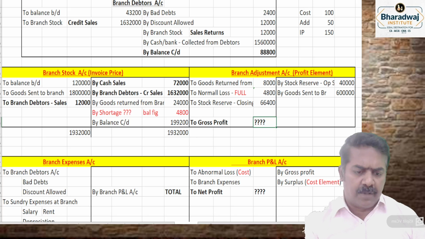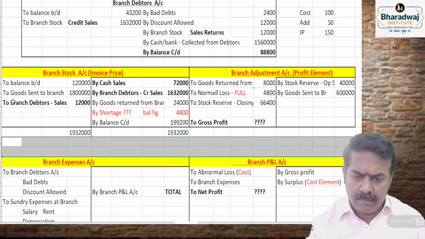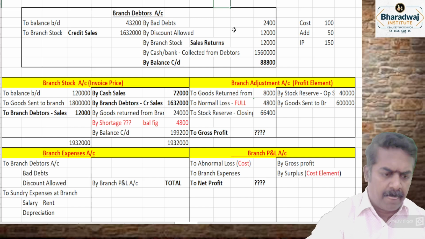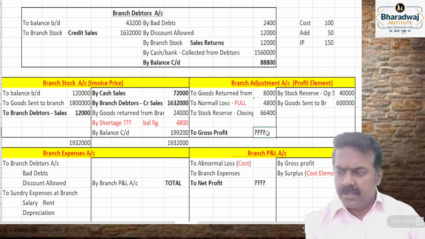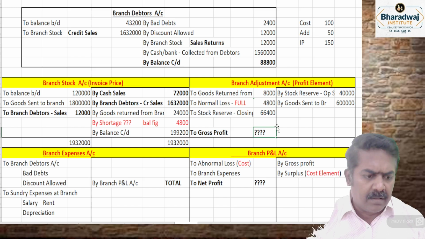Balancing for gross profit. What is the gross profit balancing figure? How much?